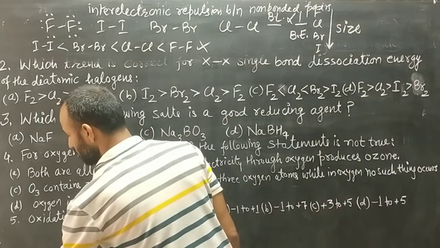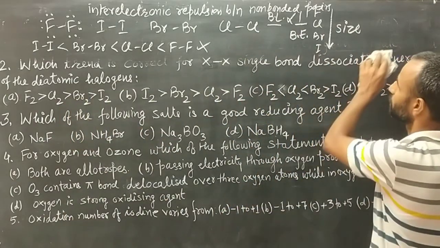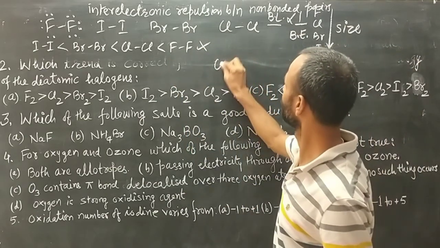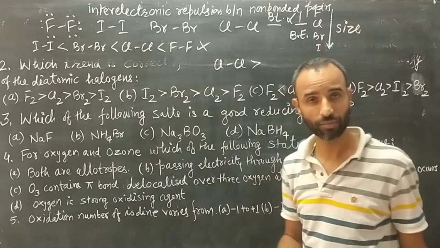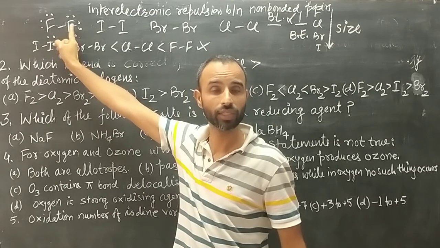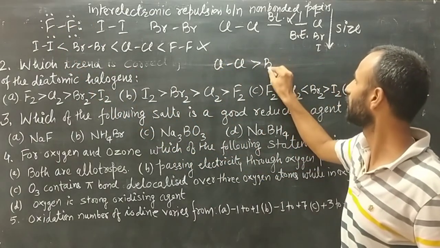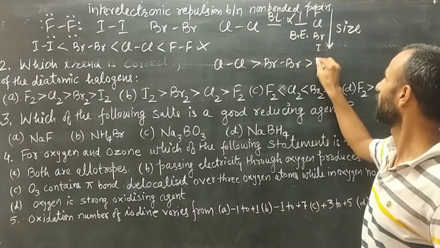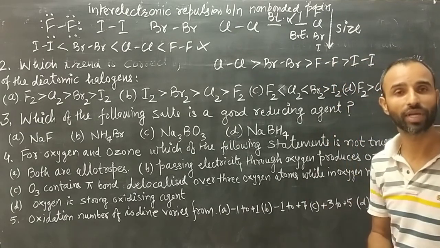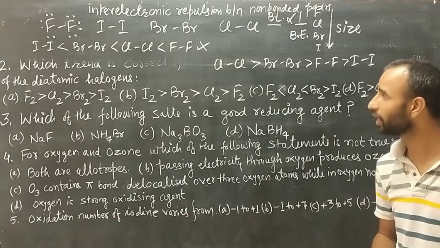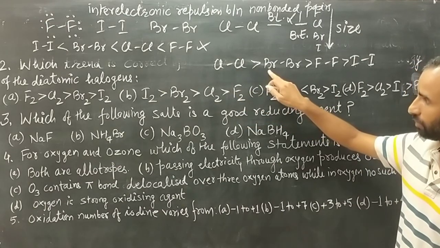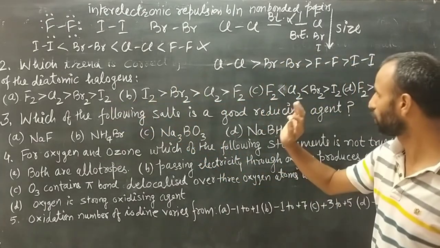So trend is actually maximum is Cl because of more inter-electron repulsion owing to their small size. Chlorine, and then bromine, and then fluorine, and at the end iodine because of their very large size. Okay, so this is the trend. So this is not the case, this will not also.